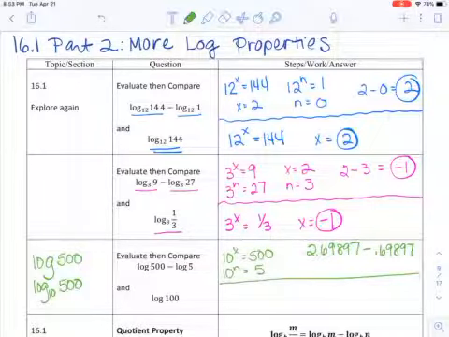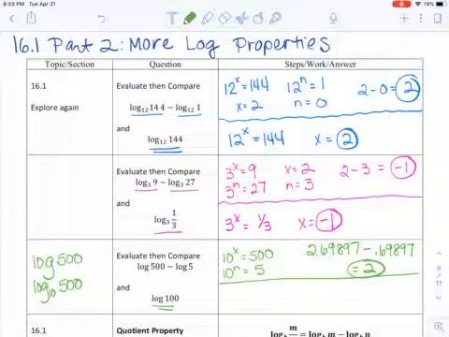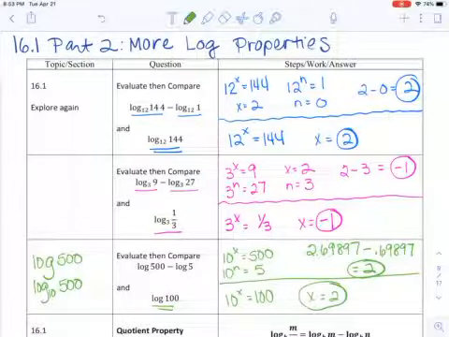And when you subtract those, it equals 2. And then the second one, yeah, you could plug that in your calculator, but I can do it faster in my head probably than I can put it into my calculator, because 10 to what power gives me 100, and it's going to be 2.